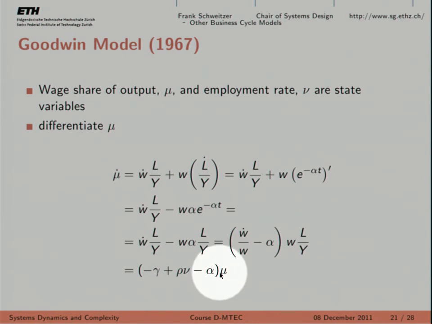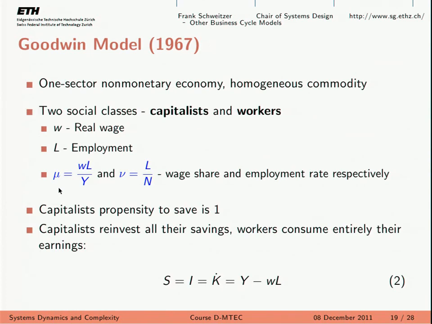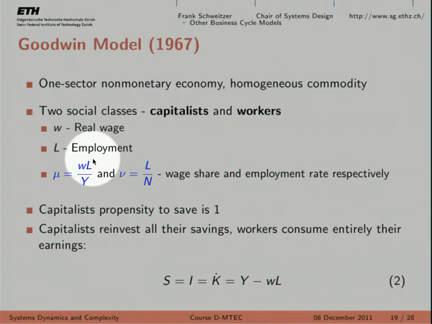Well, let's see. Mu was defined as this. So if you want an expression for mu dot, you simply have to differentiate that thing with respect to time, okay? What is the derivative of this?